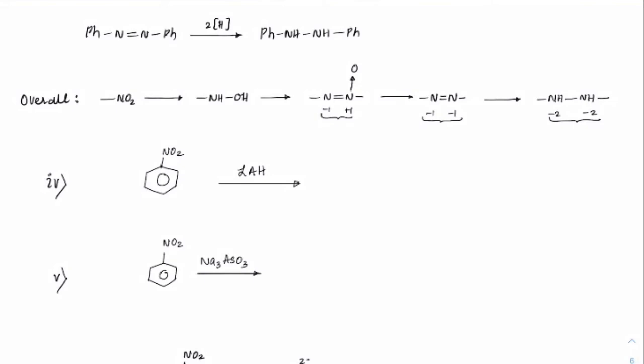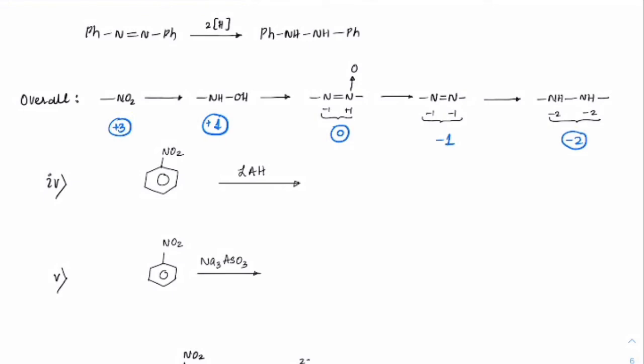See the oxidation state, how it is changing. Here it was +3, and here it is +1, and if you take the average of these two, that is 0, and the oxidation state here, the average, is -1, and here it is -2, average for one nitrogen I'm saying.